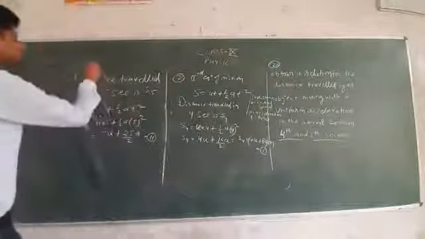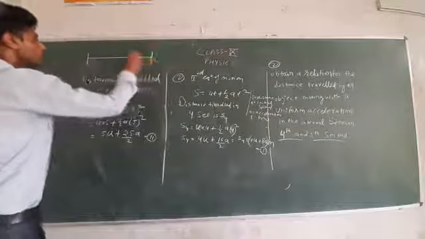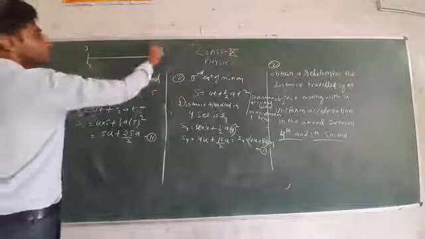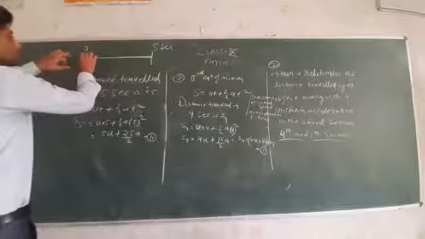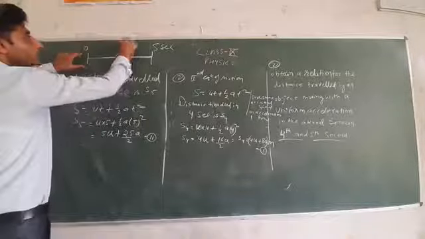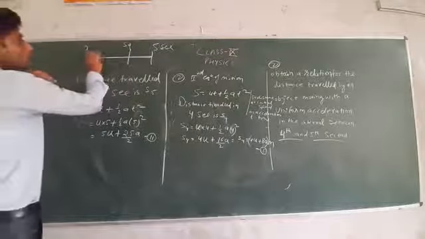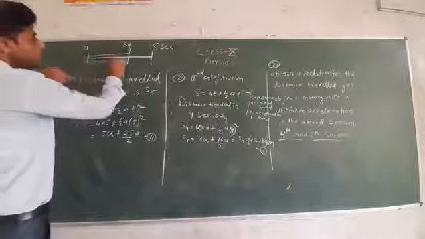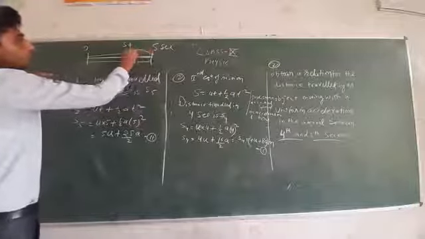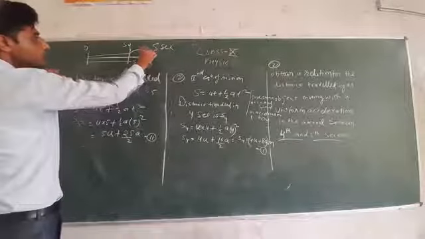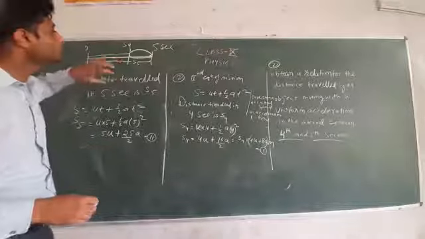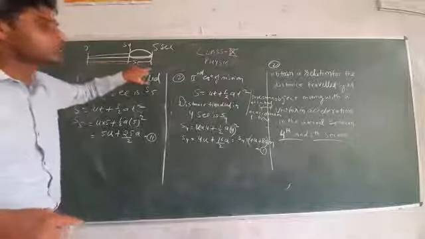It means if this is the total journey, 0 to 5 seconds, the distance traveled in 4 seconds is S4 and this is distance S5. Now we have to find the distance traveled or covered between the 4th second and 5th second.